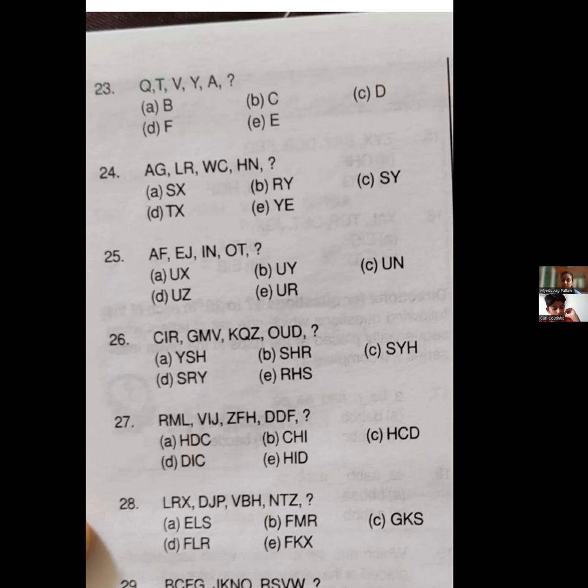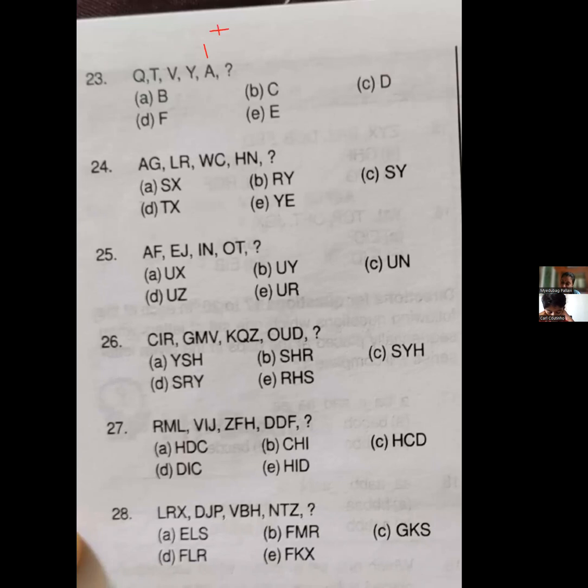It increases by 3, then 2, then 3, then 2, and then 3. So the answer will be, this is 1, so 1 plus 3 is 4, that means the fourth letter, that is D. Correct. Next one, the 24th.